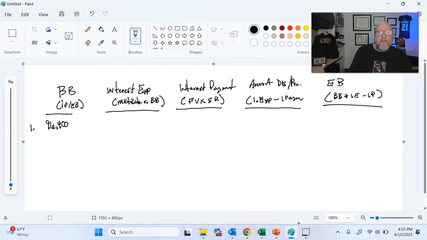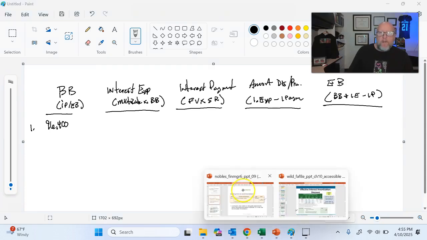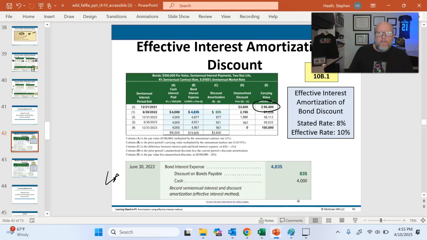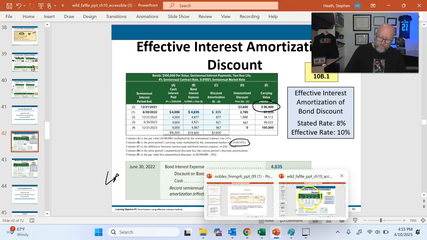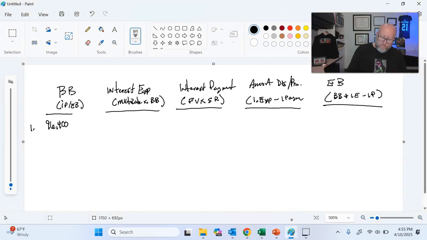Now I want to do interest expense. And the interest expense is going to be based off of, again, the market rate. And remember, we said the market rate was, according to our previous slides, 5.0155.